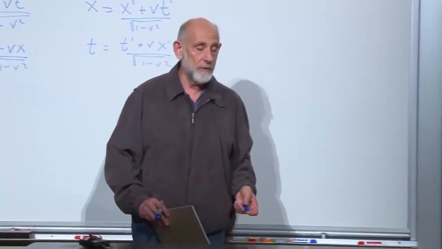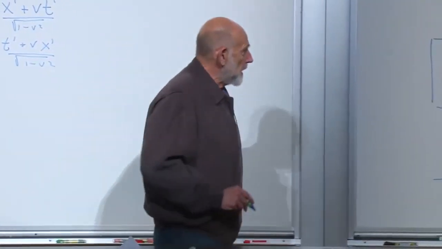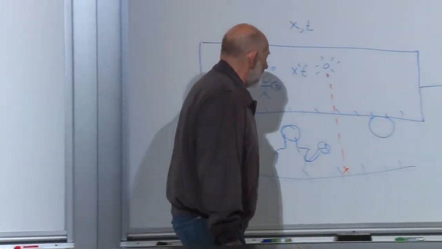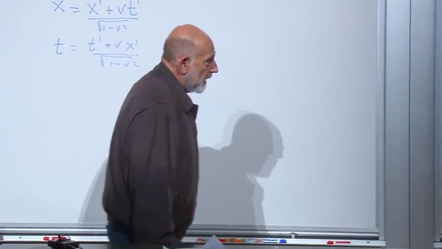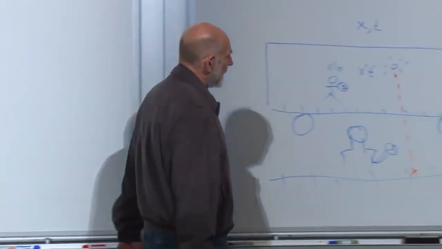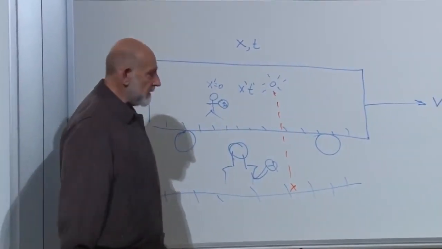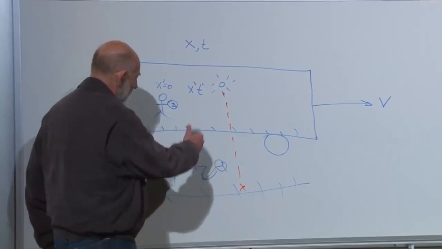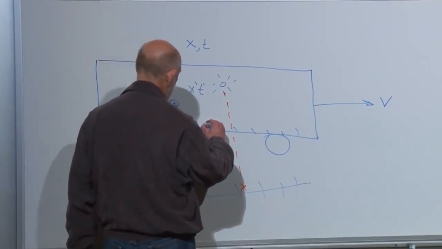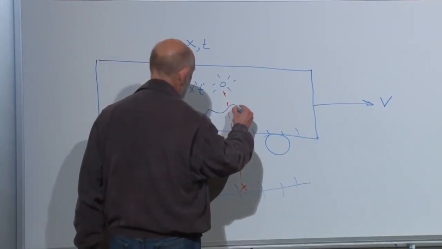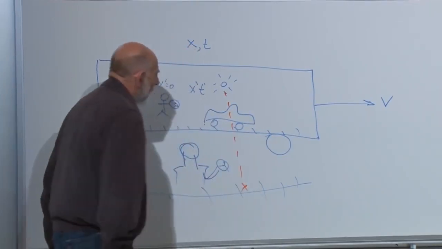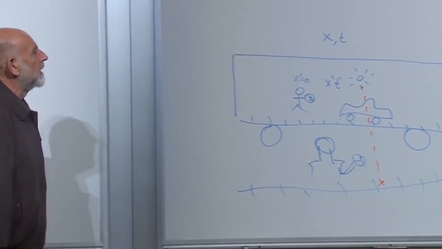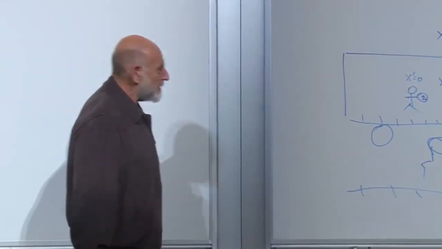All right, now we want to do another exercise. The other exercise is to assume there's a third observer. The third observer is moving relative to the railroad car, relative to the train. He's got a little kiddie car inside the train, and he's moving relative to the passenger.